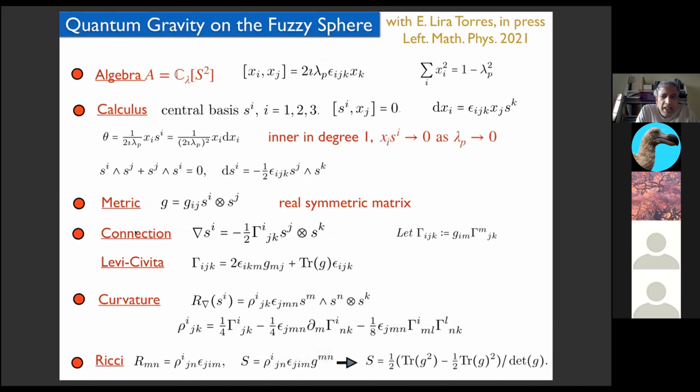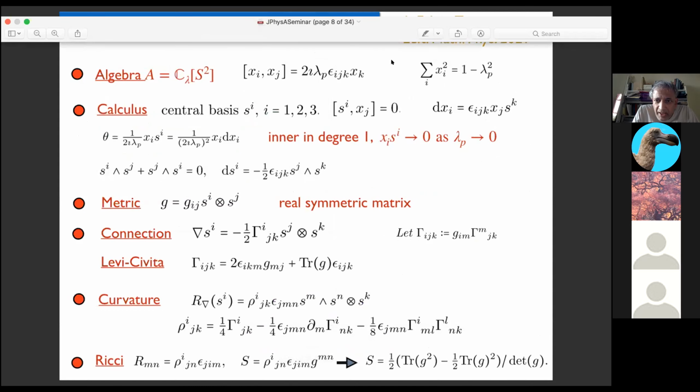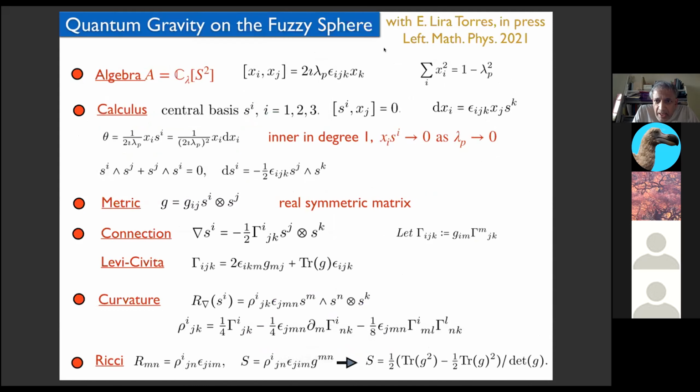Okay, now we're going to apply this to the fuzzy sphere. This is in my paper with Evelyn Lira-Torres. Well, the fuzzy sphere itself has a long history. The fuzzy sphere is just the fuzzy R3, the 't Hooft algebra, angular momentum algebra, but with the sphere relation. I've used certain conventions where I've normalized it to bring this out, this number.